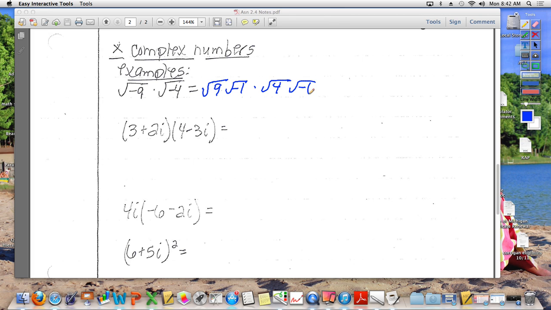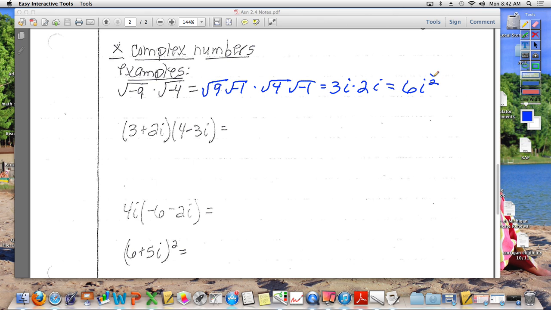Okay, the square root of 9 is what? 3. The square root of negative 1 is i. What is the square root of 4? 2. What is the square root of negative 1? It is i. We're not done yet though. What's 3 times 2? What's i times i? i squared.